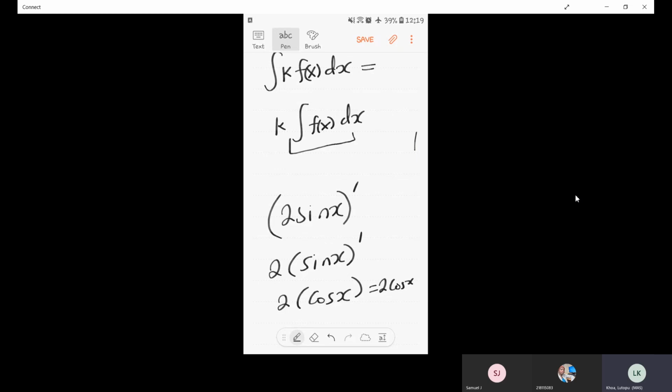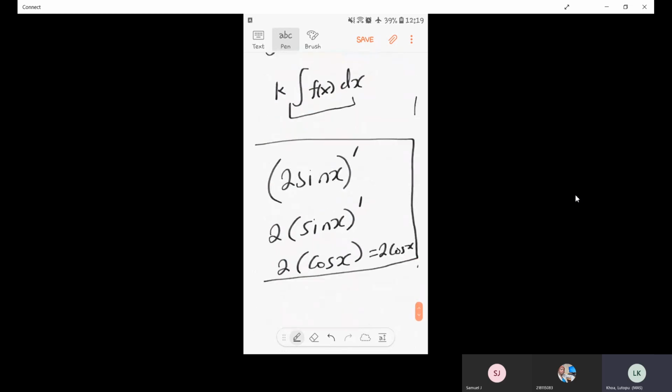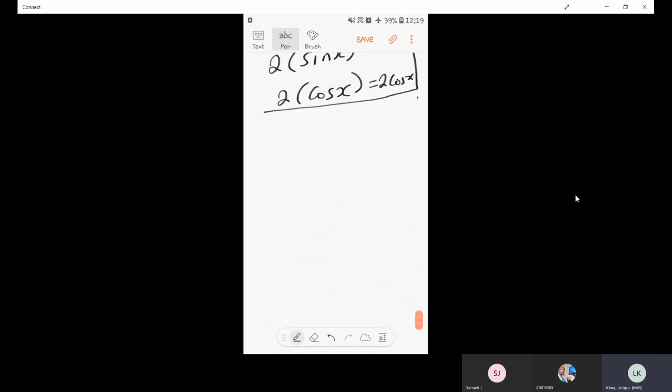So the same rule applies over here. And that is the first one, where you have a constant. A constant doesn't mean x. So if I have x times sine x, I cannot take the x out and then integrate sine x. It must be a constant, an expression that has no x in it.